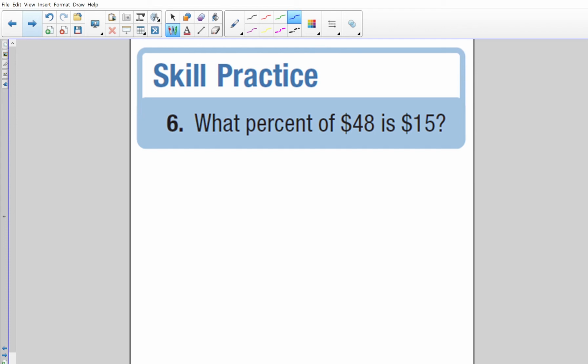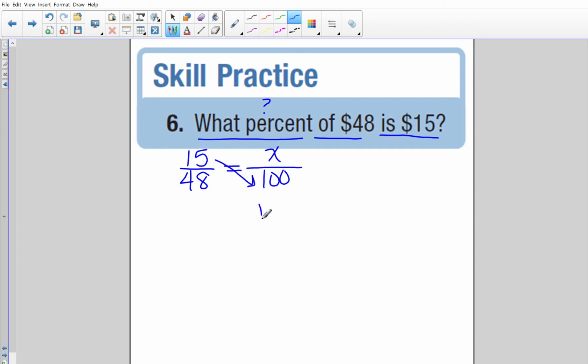Okay, so if you want to pause and try this one on your own. So we've got no percent this time. What percent? That's our question. So x for the percent over 100. Of 48, so 48's on the bottom, is 15, so 15's on the top.